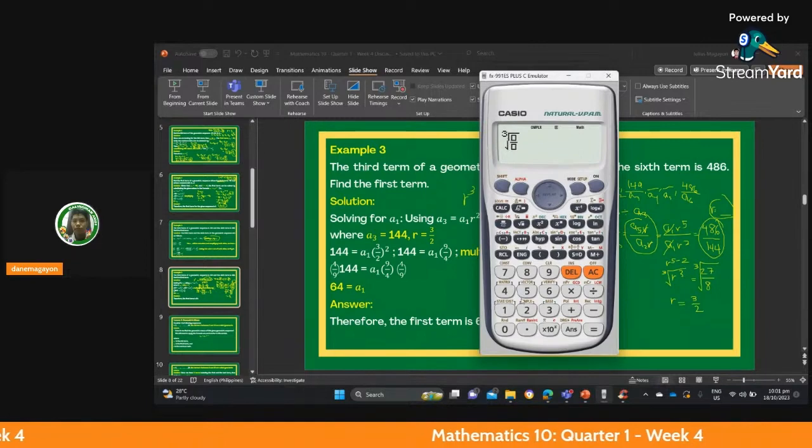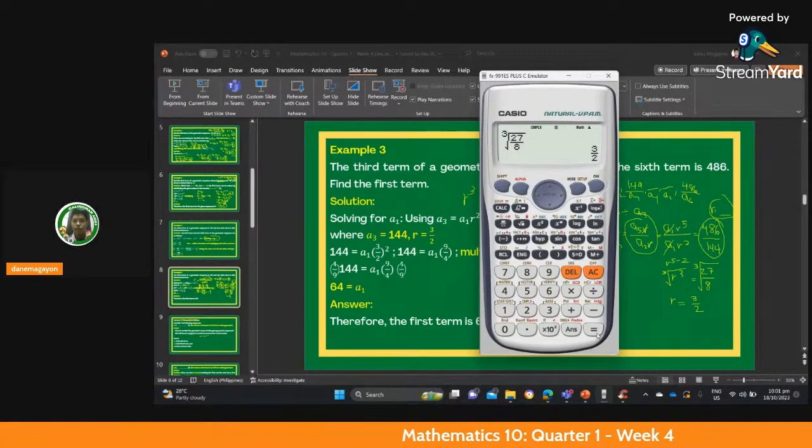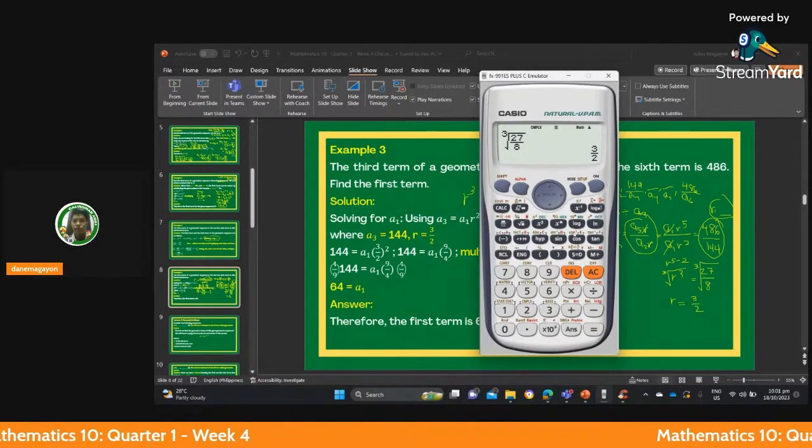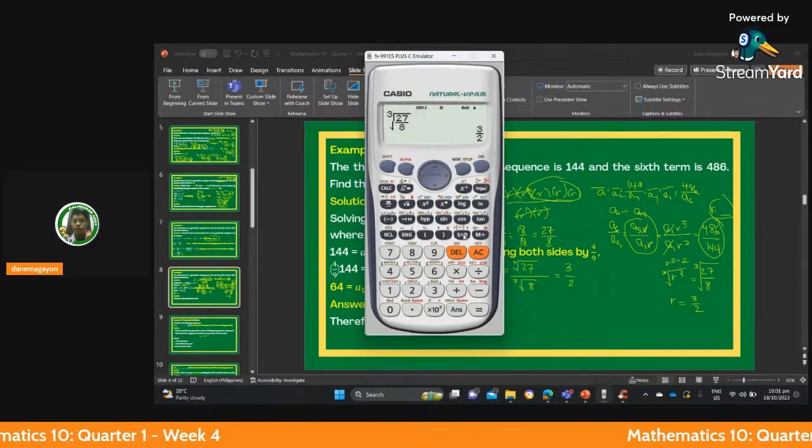So may fraction tayo. So we have 27 over 8. Ito siya normally pinaplug. And then we press equal sign. After pressing that, ang answer natin will be equal to 3 over 2 or 3 halves. Then sometimes, pwede mo rin siyang gawin na ganito. You want to convert this into decimal, pwede mo i-press ng SD.